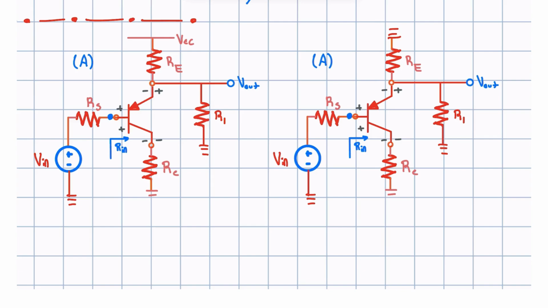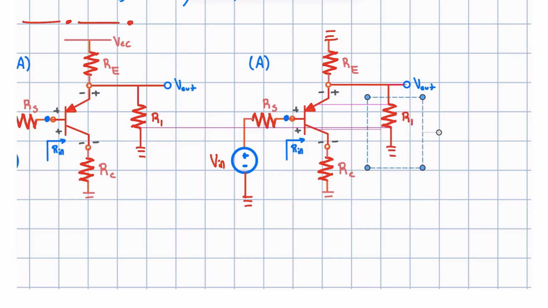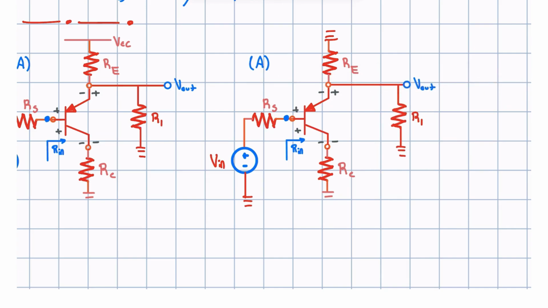So what's next? Let's redraw this in a way that makes it easier for us to understand. I'm not changing anything of the circuit or any conceptual aspect of it. I'm just moving this to the right, flipping this over, and moving this to the bottom.